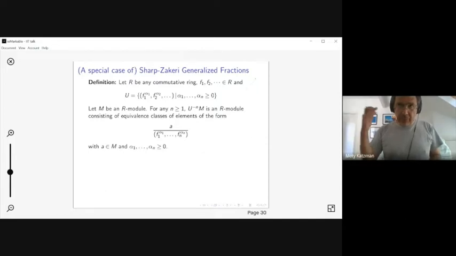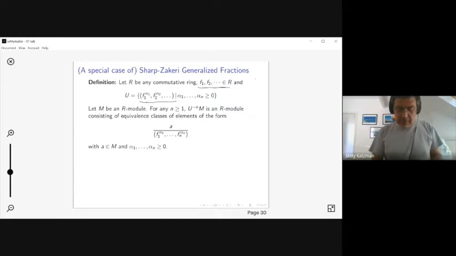So we're going to do an analog of a localization at one element. Instead of localizing at one element, we're going to fix a sequence of elements, and take as a set of denominators the powers of the elements in this sequence.